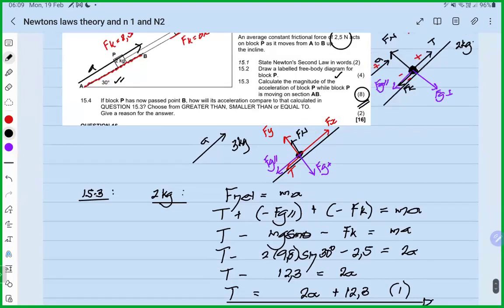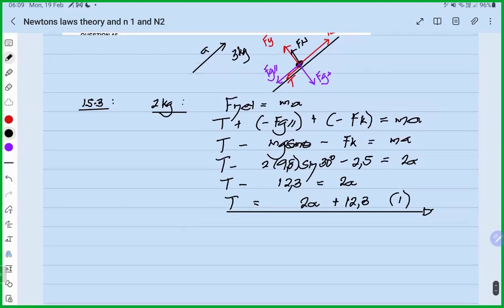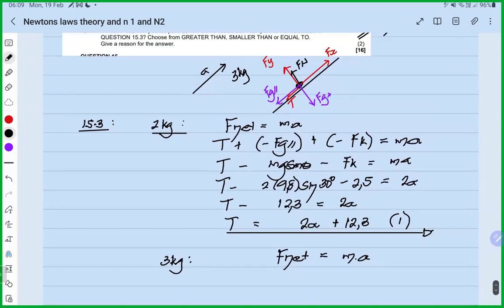That's your first equation. We then go to the 3 kilogram mass. It's a little bit more interesting. Again, F net equals ma. That's going to be your Fx minus Fg parallel minus the tension equals m times a.